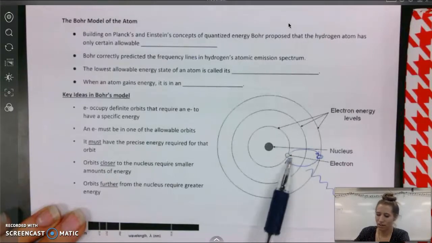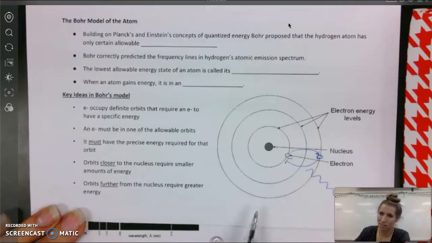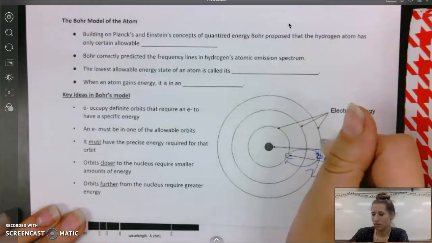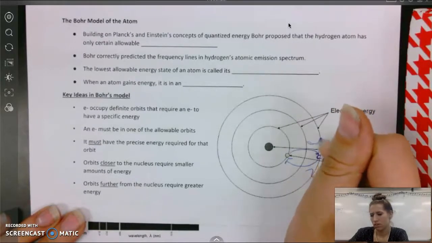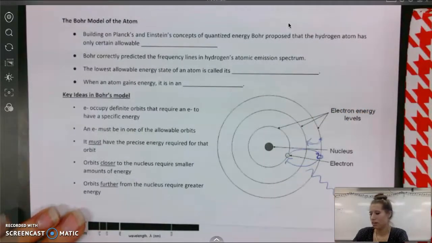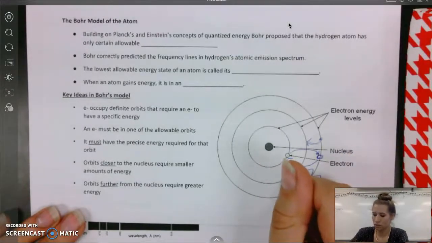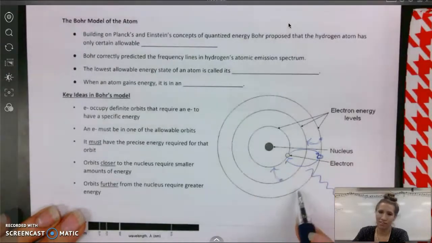Again, I'm just showing a 2-level jump, but it doesn't have to be that. We could have an electron going from the third one to the second one, or from the second one down to the first one. There are all these possibilities.